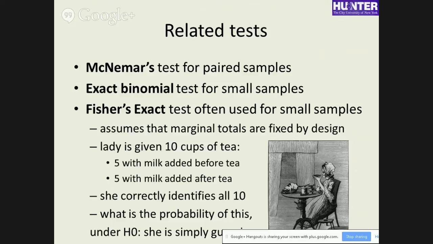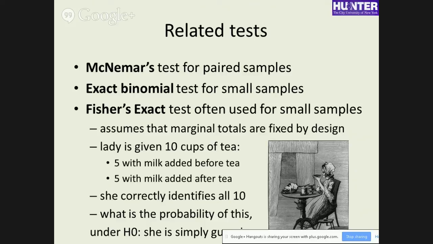In the Fisher's exact test, there are fewer possibilities because all of the possible ones have to add up to the same amount in the rows and the same amount in the columns. So in this case, the sum of the rows have to be 10 and the sum of the columns have to be 10. But under the chi-squared test, that's not an assumption. You could have 10 in one column and 0 in the other column, for example.